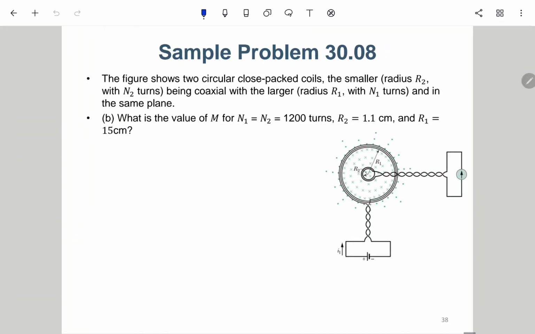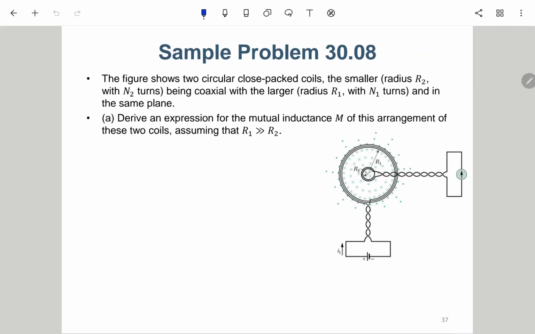Okay, so here we still have a sample problem, 30.8. It says the figure shows 2 circular closed pack coils, the smaller radius R2 with N2 turns. Okay, so it means this one is smaller with N2 turns, connected to here with an ammeter.